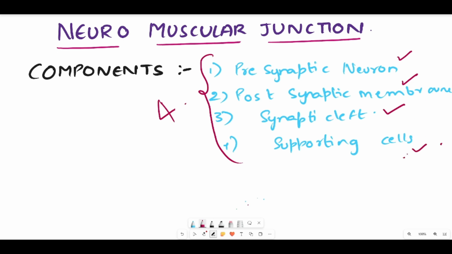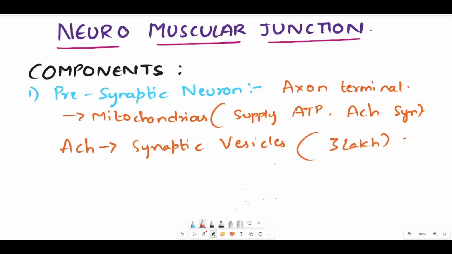Now let's see each one in detail. Coming to the components of the neuromuscular junction, the first component is the presynaptic neuron. The points to be included under this are: first, it is an axon terminal. Second, it has many mitochondria in it.